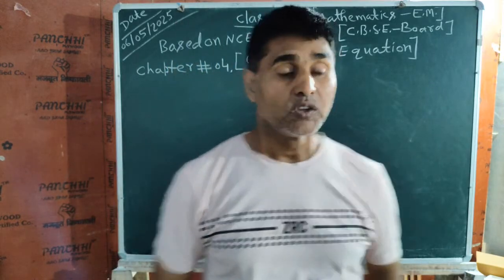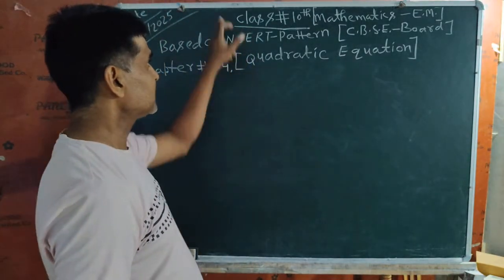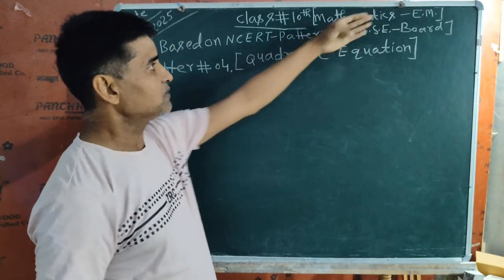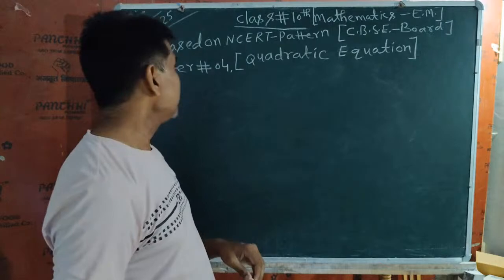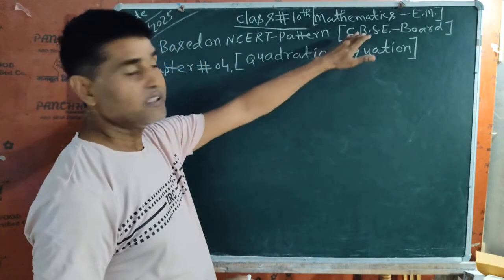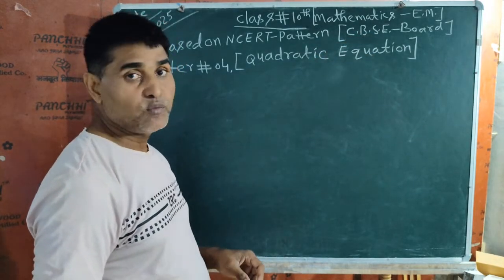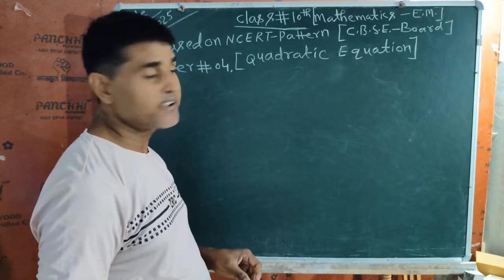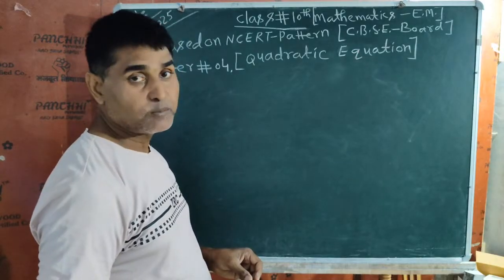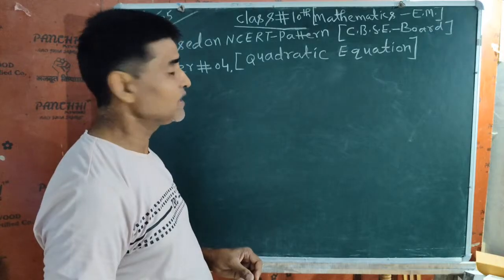Okay students, so I am going to explain. This is the mathematics class, class number 10, in English medium, based on the CBSE pattern, and the board will be the CBSE board. In other words, if you solve some UP board questions, you can also simplify them in a very easy way, because the concepts are the same, only the language is different.